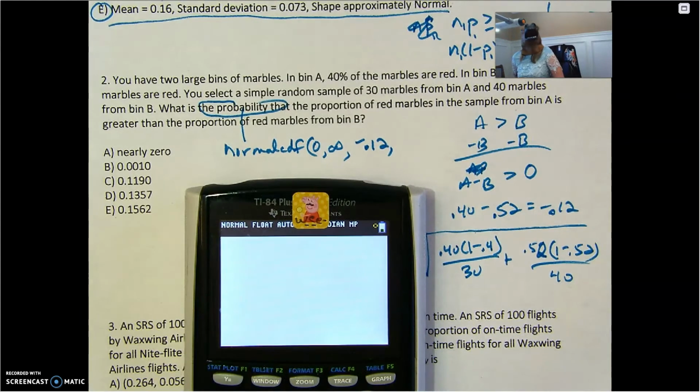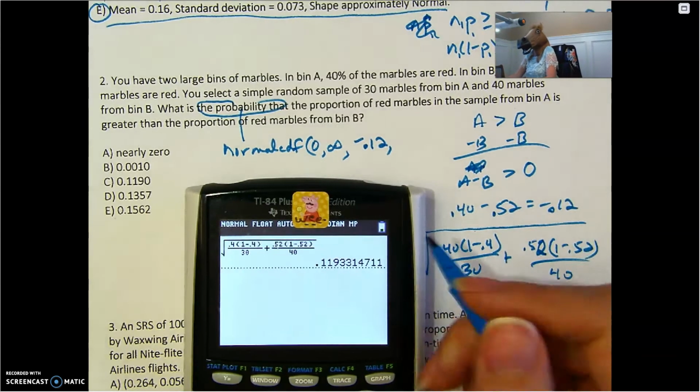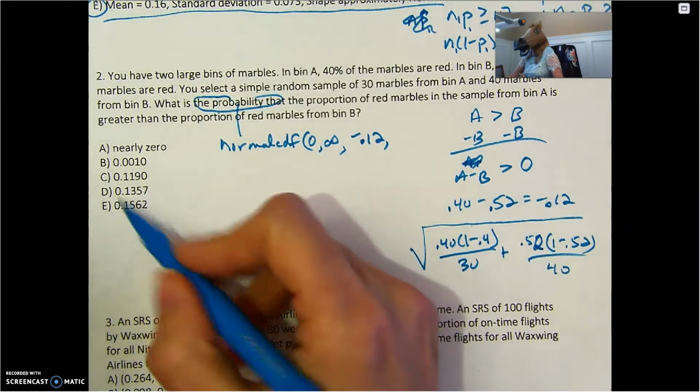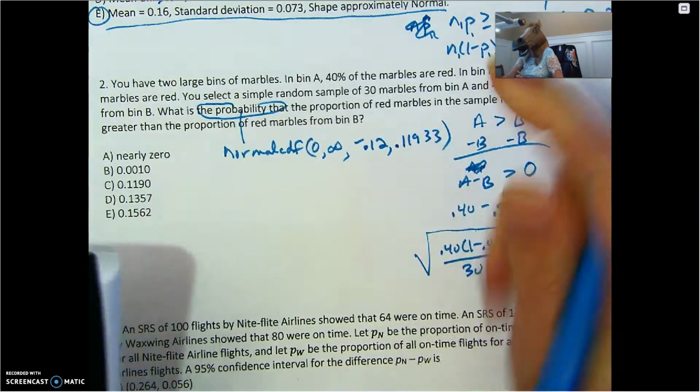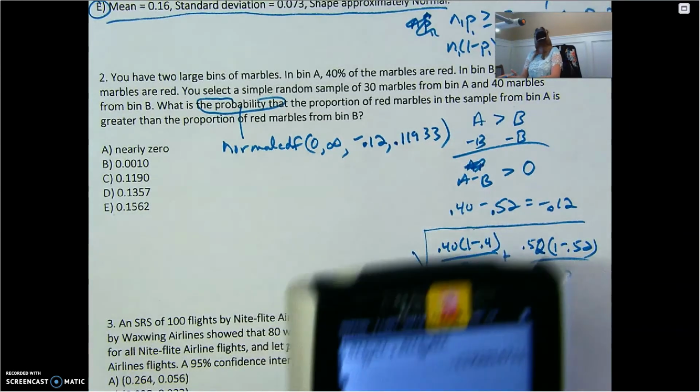Yeah, looks good. All right, so we get 0.119 and some change. We don't want to round too much, because if we round too much, we might not see our answer over there. So I'm going to do 0.11933 and see what that gives me on my normal button.